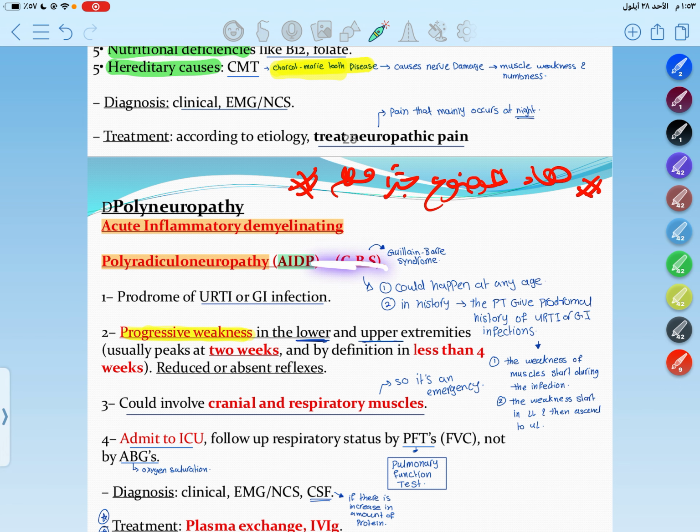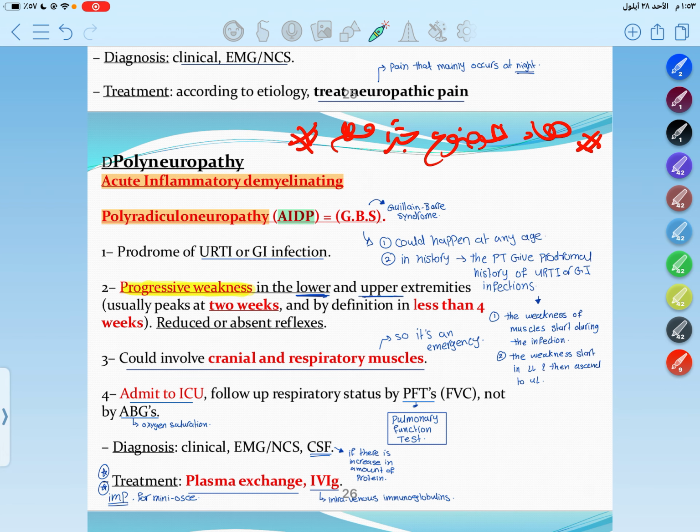Usually, the patient has a history of infection, like upper respiratory tract infection or GI infection, some time ago, a week or 10 days, and probably that infection will trigger the autoimmune reaction, causing this acute neuropathy.